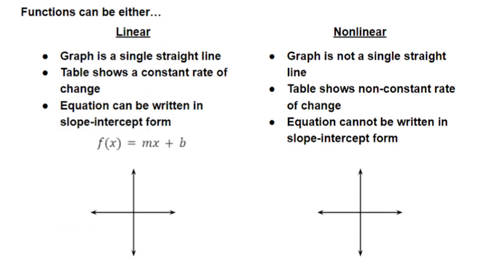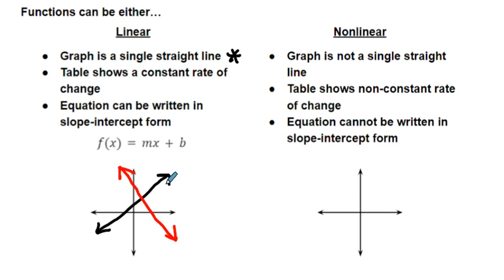So I just highlighted these points, but the graph is a single straight line. That's the easiest way to tell if something's linear, right? Something like this would be an example of a linear equation, and something like this would be considered linear, right?